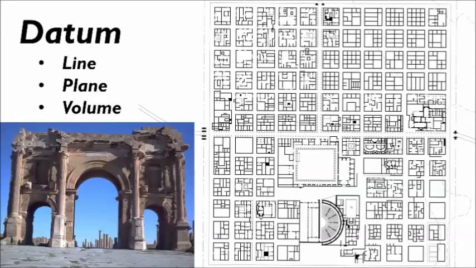Another ordering principle that we look at is datum. Datum is an interesting concept because you can see datum lines or datum planes in lots of different things in life. In the book, it uses the idea of music on a page. There are lines established in music, the lines of a musical staff, and those remain constant.